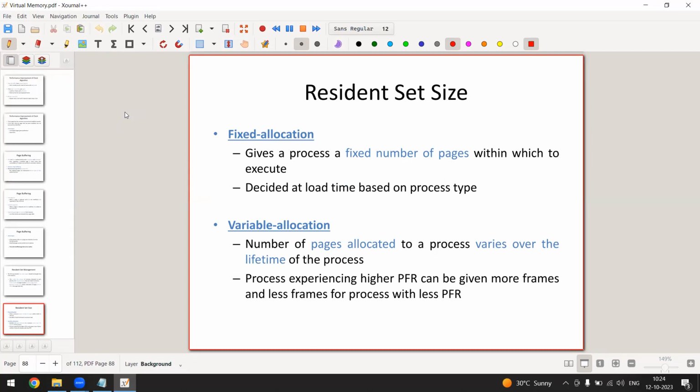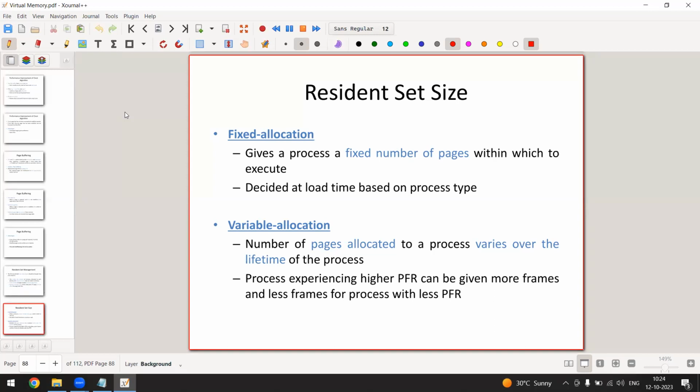The first alternative is called fixed allocation. What is the meaning of fixed allocation? Given a process, it gives the process a fixed number of pages within which it has to execute. Suppose you have process A. Now I make a rule that for process A, a maximum of 10 pages should be loaded into the memory.